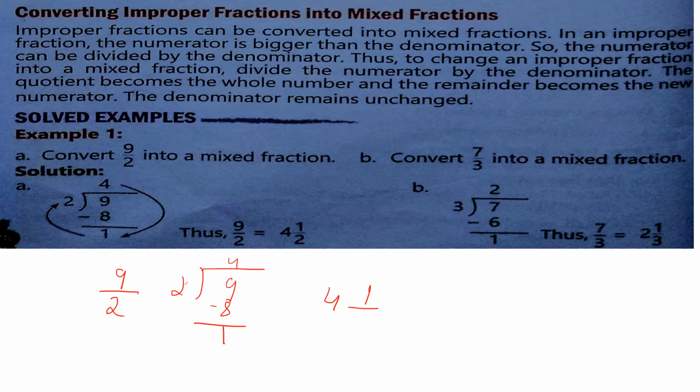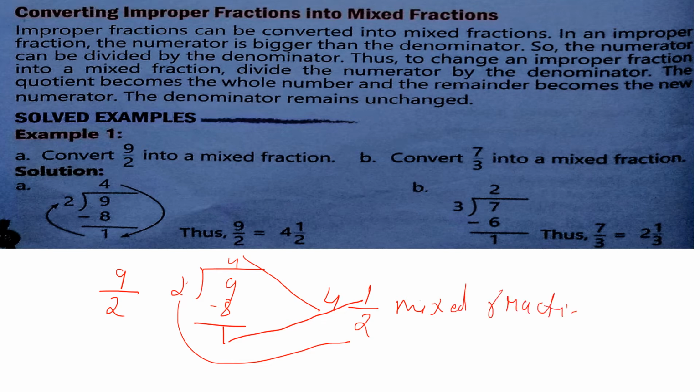Your quotient will become the whole number, your remainder will become the new numerator, and your denominator remains unchanged, which means your divisor remains the same. Got it? In this way we can change an improper fraction into a mixed fraction.